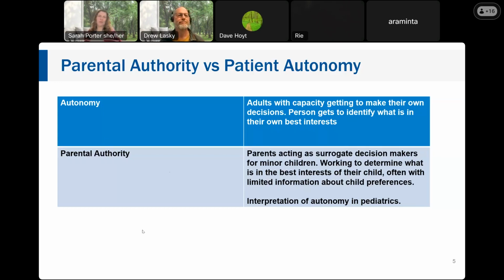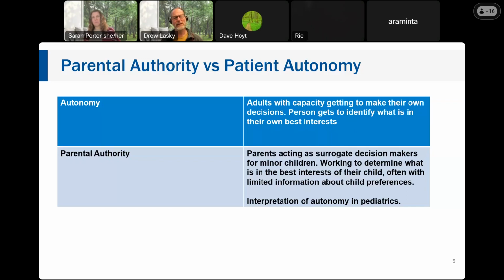Why don't we call it parental autonomy then? Because the implication of autonomy would be, well, a couple of things. The parents are not making decisions for themselves. They're using surrogate decision making with respect to their child. So there's a difference there.